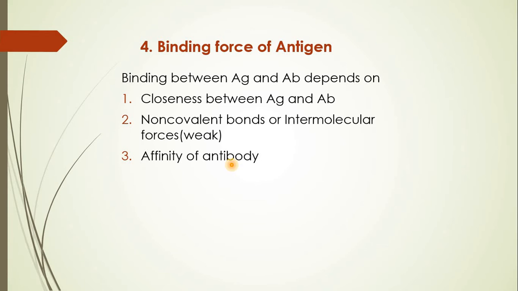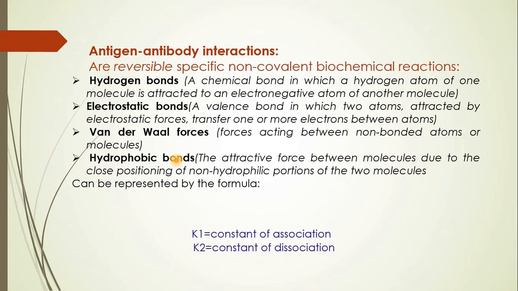If the structures are very similar, we can say the antibody has an affinity to bind with the antigen, right? Now, as I have said, these antigen antibody reactions are reversible, specific, non-covalent biochemical reactions, and they totally depend on hydrogen bonds, electrostatic bonds, van der Waals forces or hydrophobic bonds.